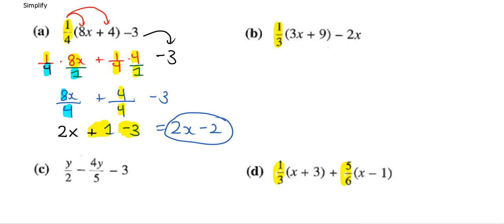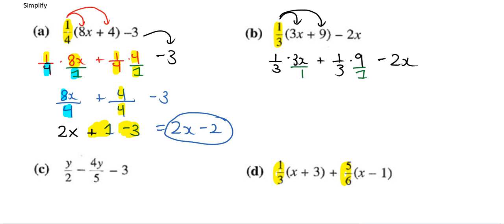All right, so you do the same thing with the next problem. 1/3 times 3x plus 1/3, 1/3 will also go to the 9 minus 2x. Okay, and you can definitely put everything under a fraction if you like, and just multiply it right through. I'm just going to go right to the answer here.